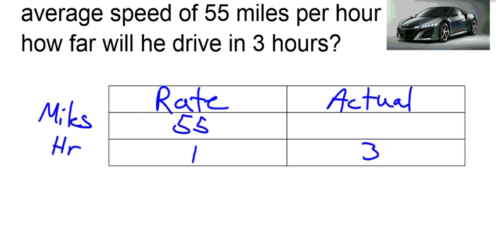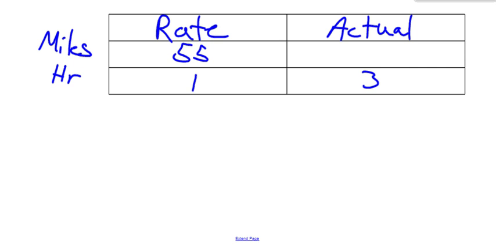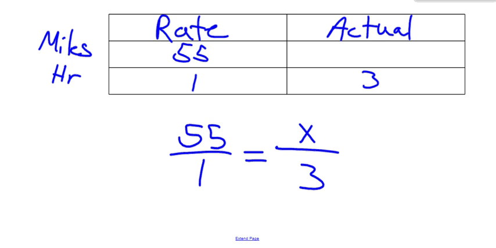We have this set up with two proportions we can use. 55 over 1 is equal to x over 3. Once again, we're going to look for the relationship. Can we see a direct connection across the two numbers that match up?